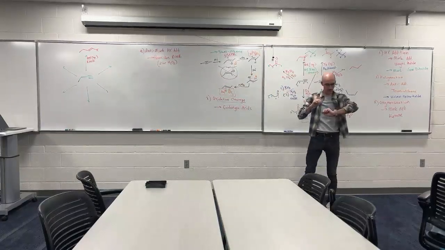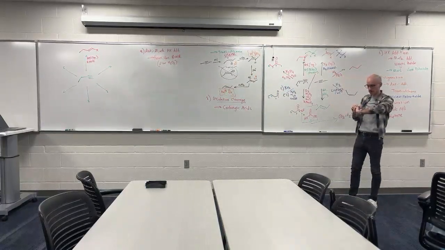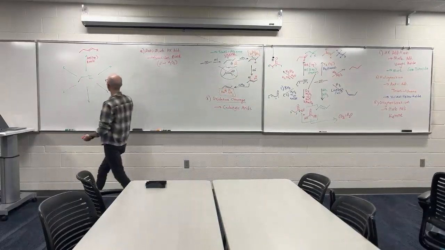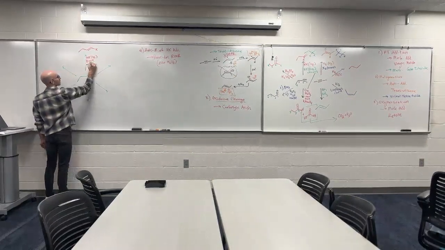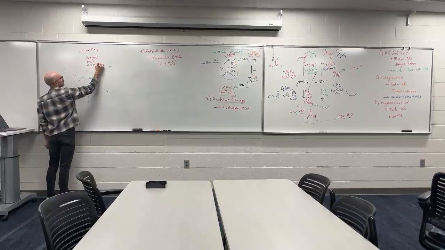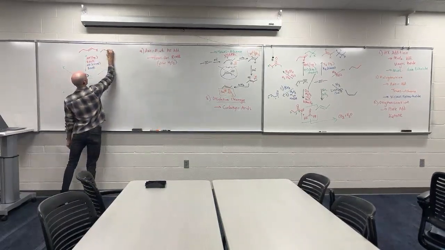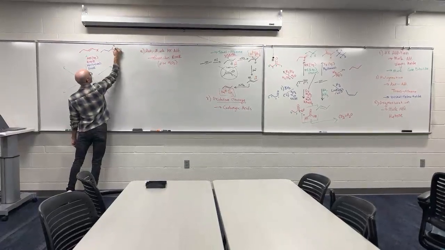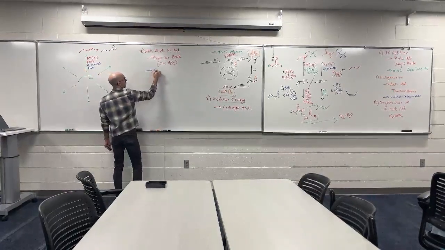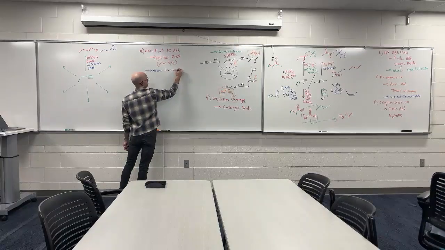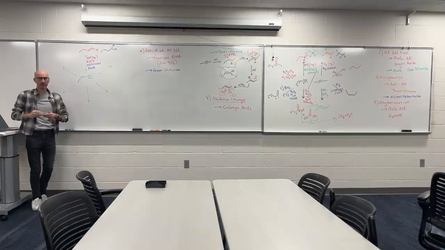Anti-Markovnikov addition. If we have 2 equivalences, HX, in excess, with ROOR, gem dihalide. Same thing as before.